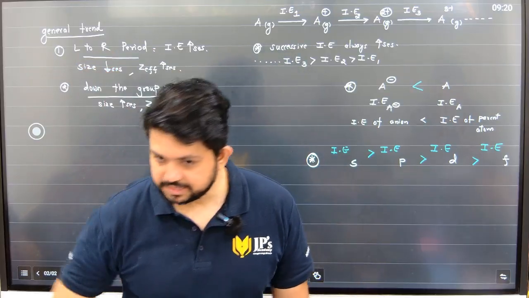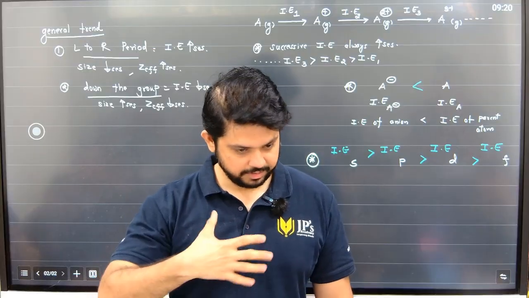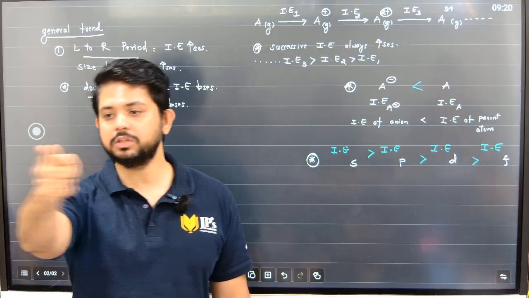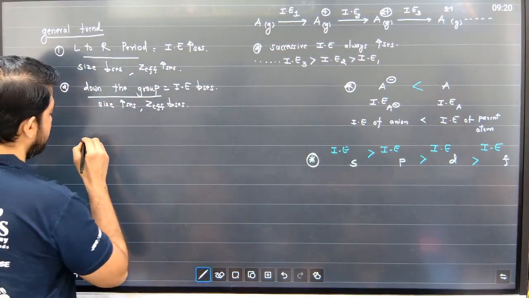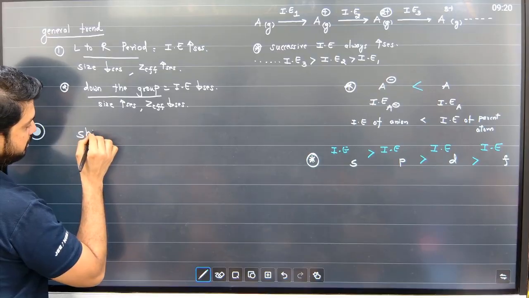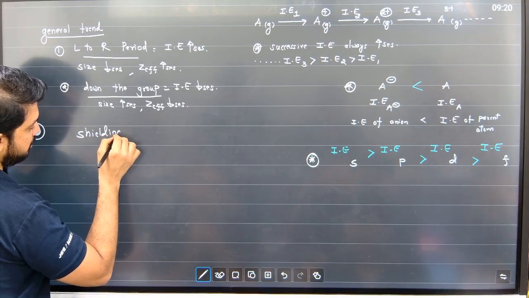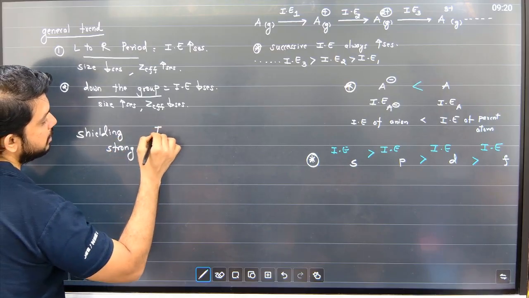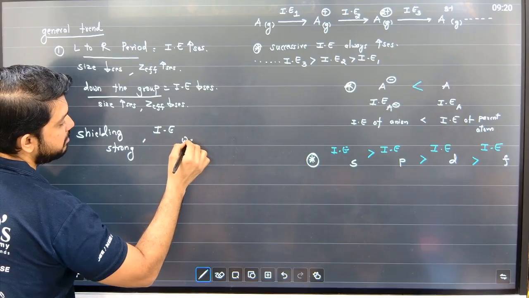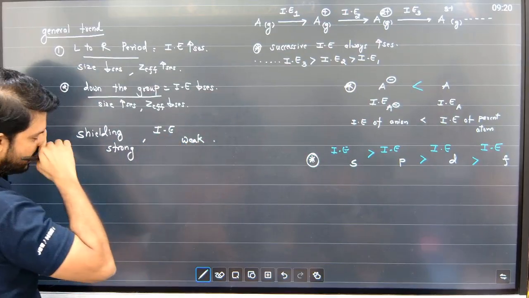If the shield is very strong, will the nucleus have any hold on the last shell? So if the shielding is strong, what about ionization enthalpy? Can I say it will be very less?